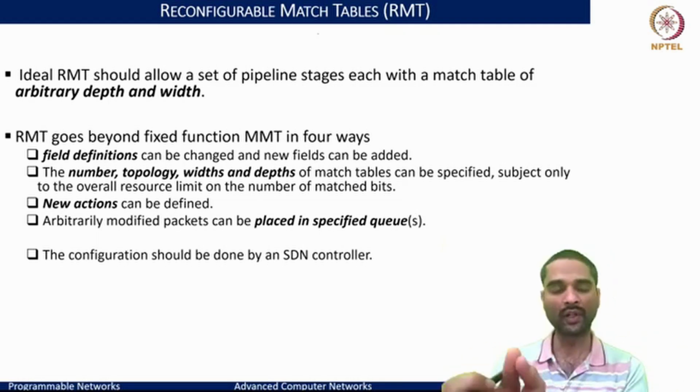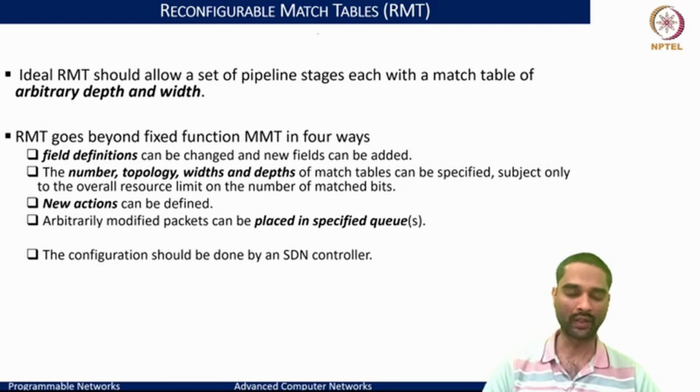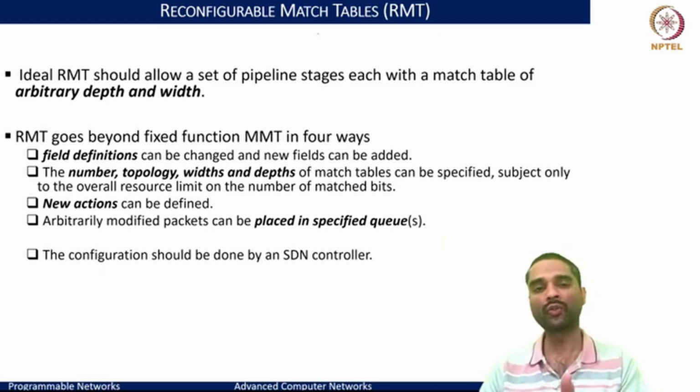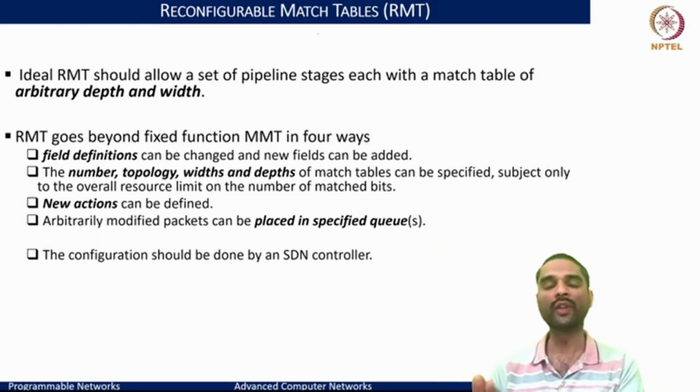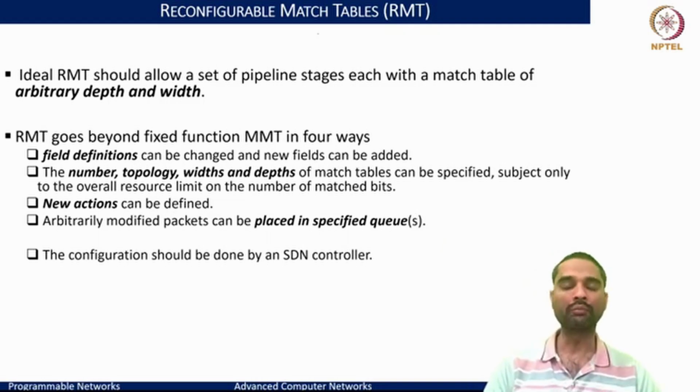It's like if I said earlier that I need to deploy the switch in a core network and I want a lot more IPv4 entries to be matched, 64K, I should be able to configure that many entries in terms of the depth. And if I also want to match on IPv6, not just IPv4, then I should also have the control to configure the width, not just 32 bits, but 128 bits, and likewise.